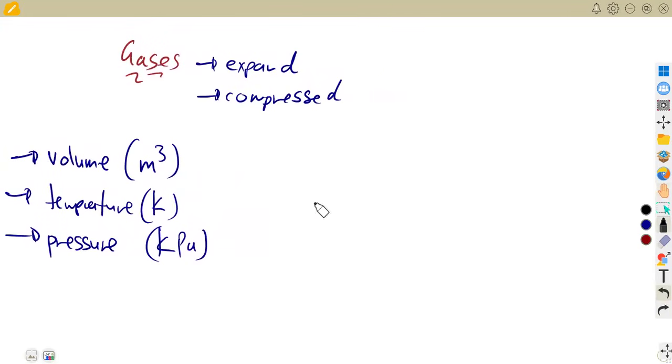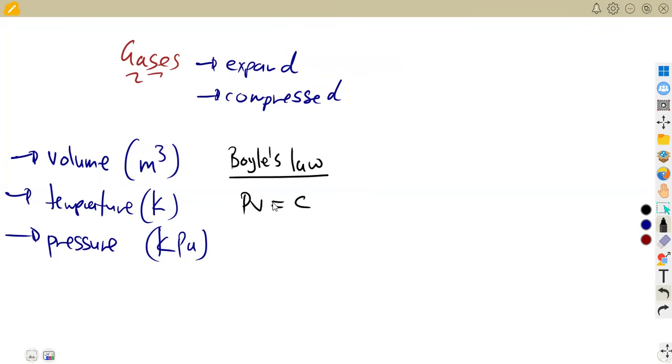Talking about the laws, we have Boyle's law, which is PV = C, as we covered in engineering science. It says the volume of a given mass of a perfect gas varies inversely as its absolute pressure, provided that the temperature remains constant.